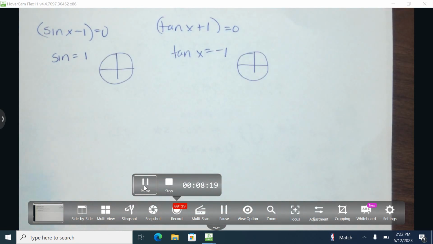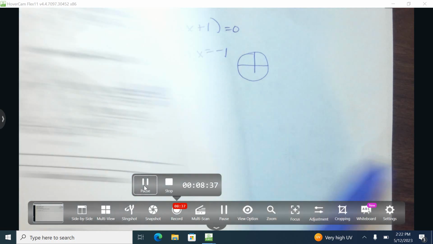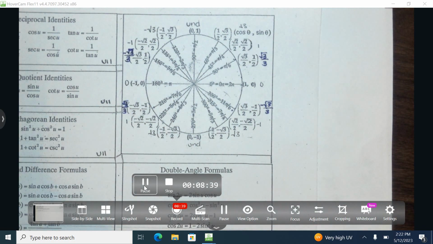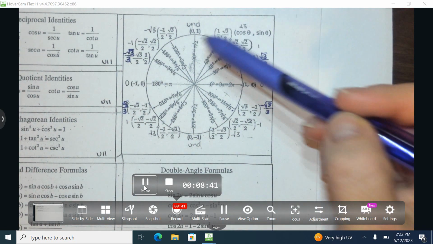Now let's ask ourselves, where is the sine equal to 1? At pi over 2. Where is the tangent equal to negative 1? The sine, again, here we go.